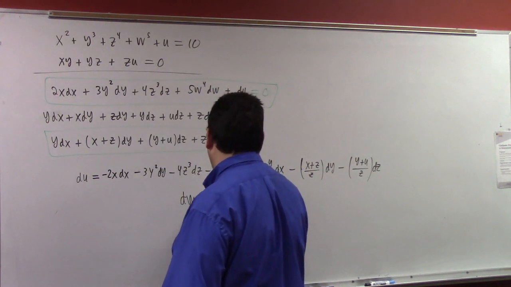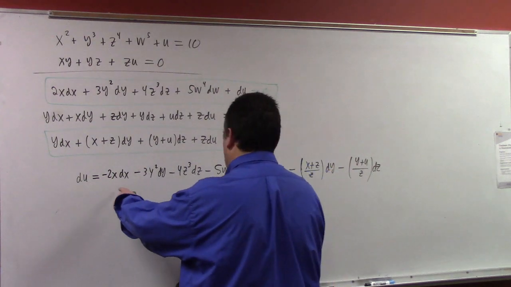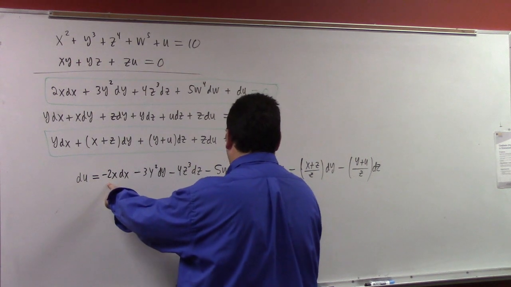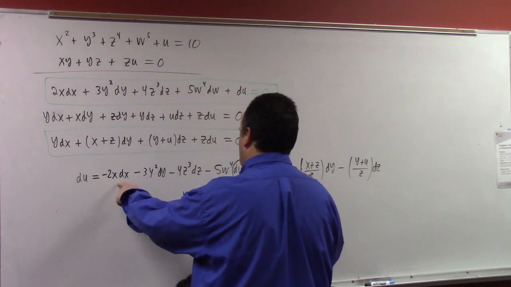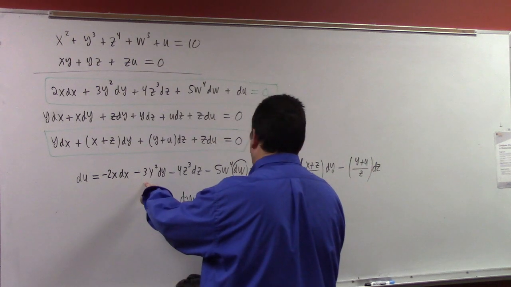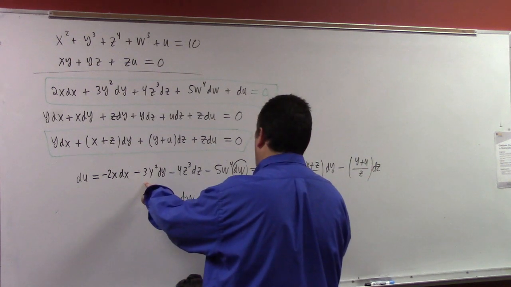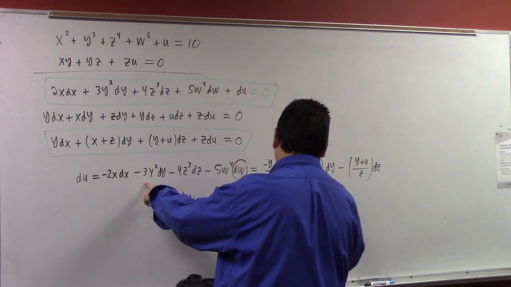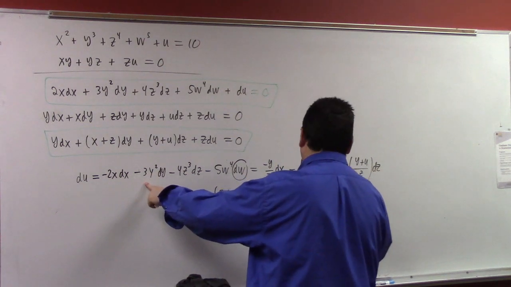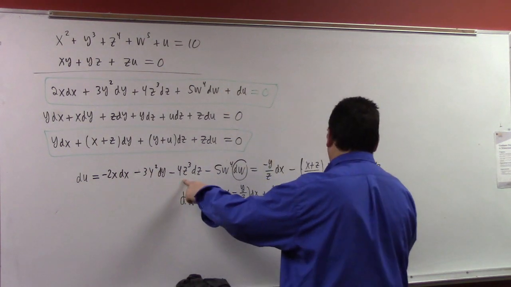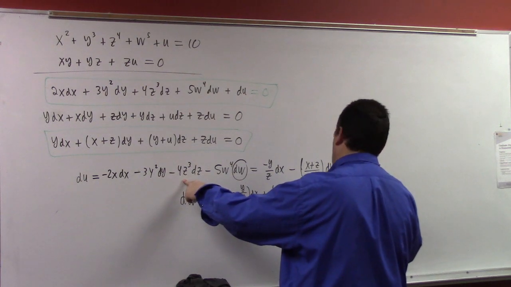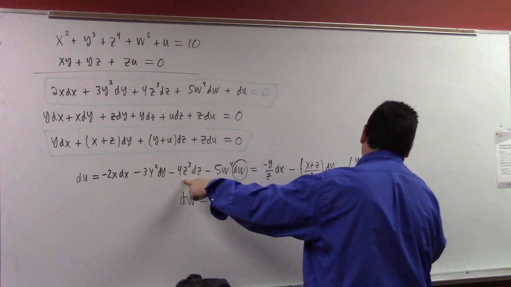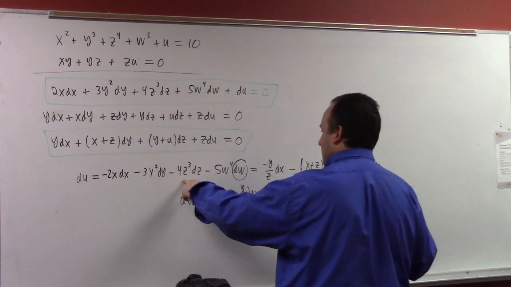dw, let's see here. So we get (2x minus y over z) dx. See that? Plus (3y squared minus x plus z over z) dy plus (4z cubed plus minus y plus u over z) dz, right?